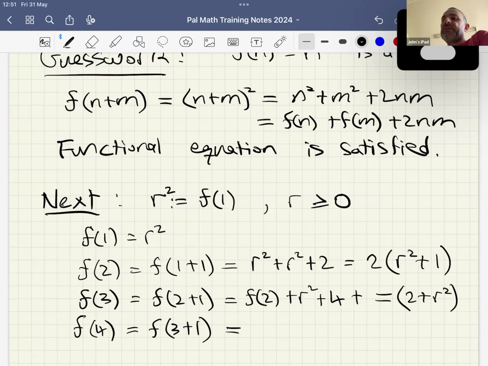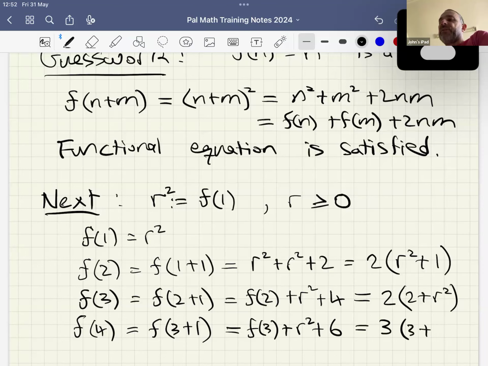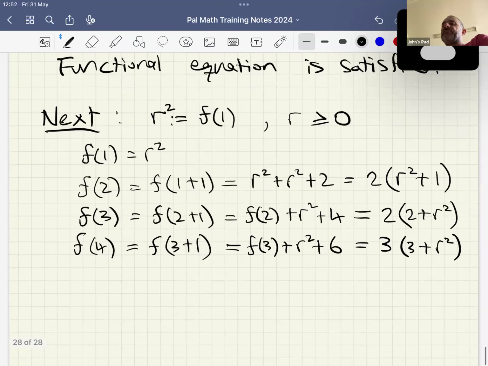That should have been equals. So you get f of 3 is f of 2 plus f of 1 plus 4, and in this case, we get 3 by 2 is 6. And you can rewrite this as 3 into 3 plus R squared after thinking about it a bit. Sorry, not 3, but 4.